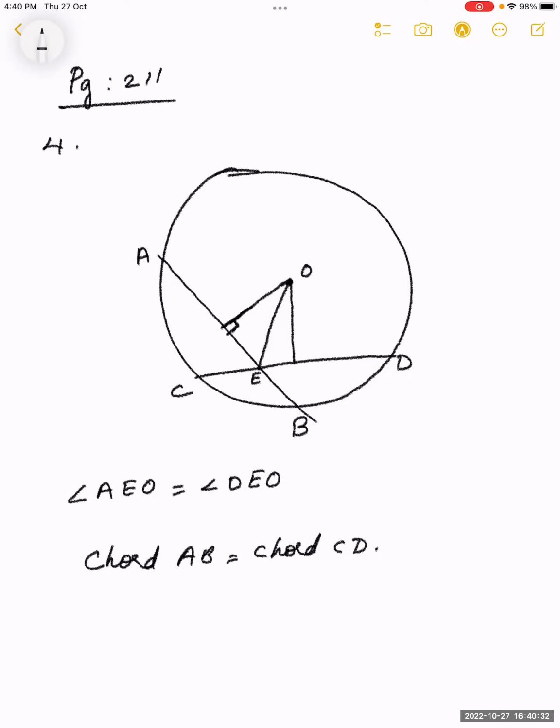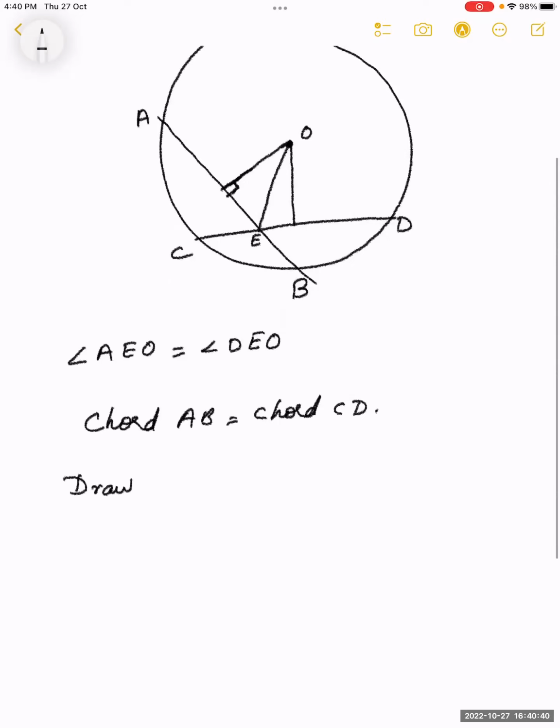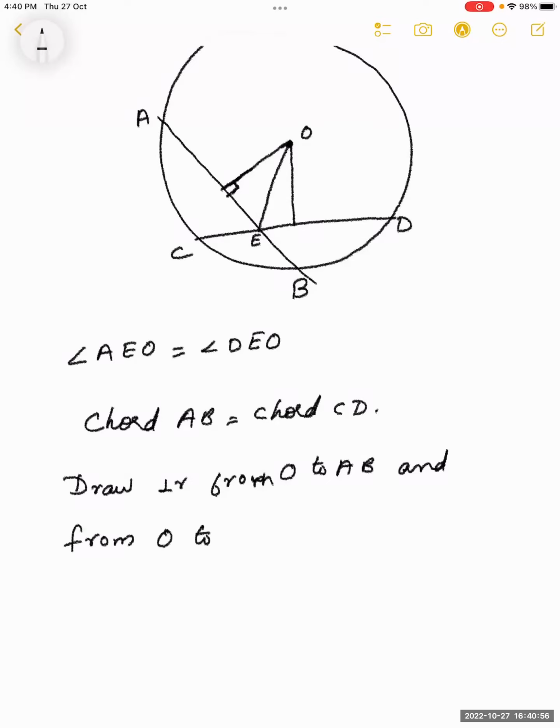You can write down: draw perpendicular from O to AB and from O to CD. Let's mark those points as M and N, because I'm following the same naming convention as in the textbook. Okay, so we have got OM and ON.